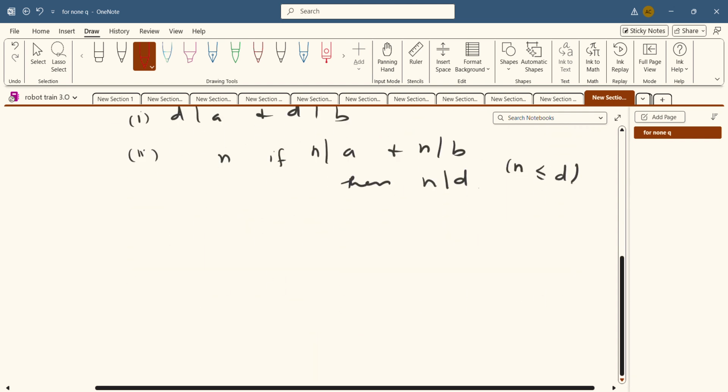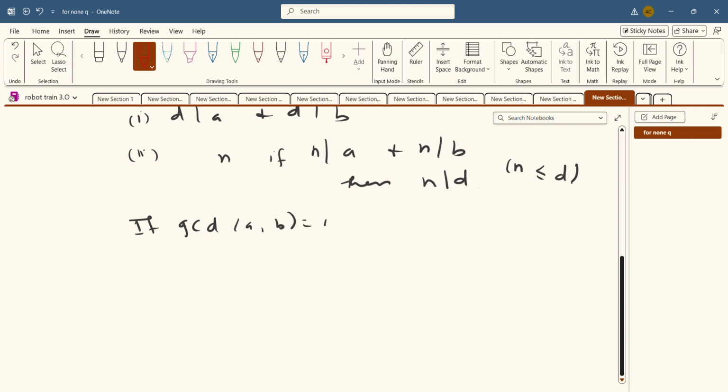So after this we can define highest common factor or GCD, all are one and the same. We can define one property of the greatest common divisor. If the greatest common divisor of A, B is equal to 1, then A and B are said to be relatively prime, or we can call it co-prime.